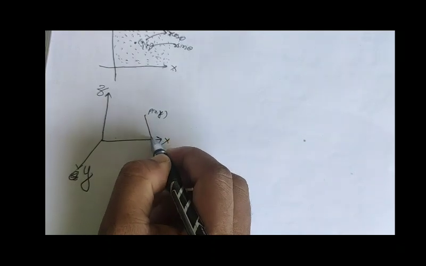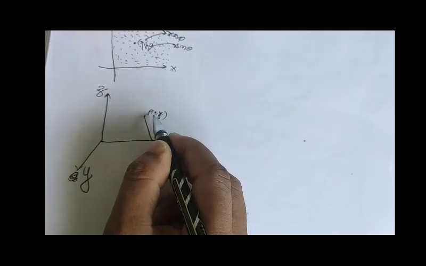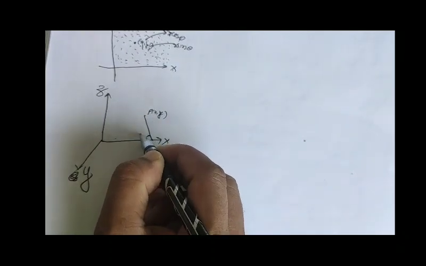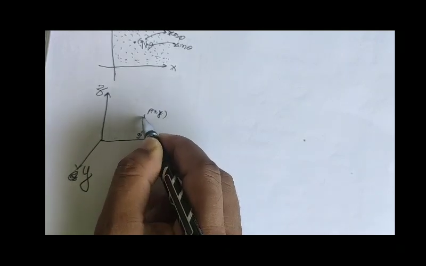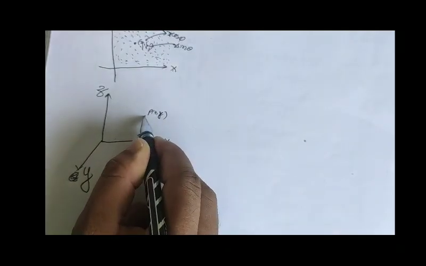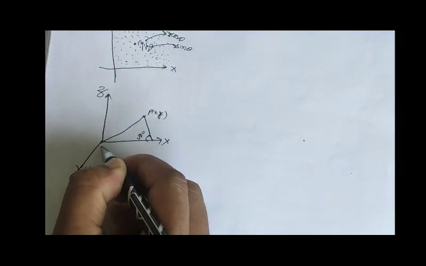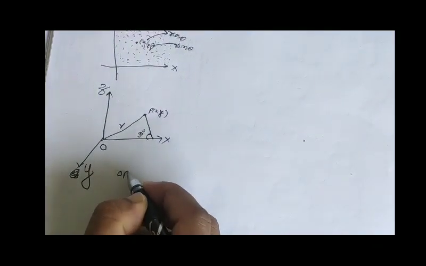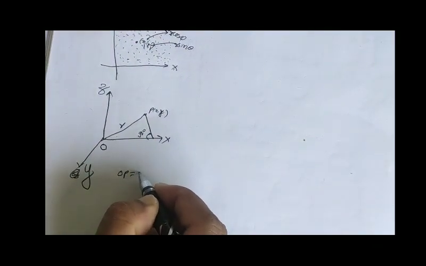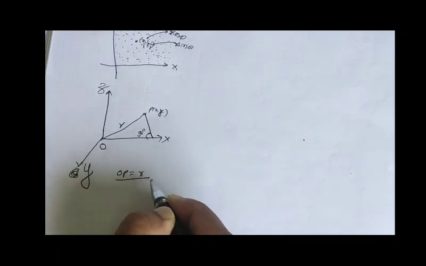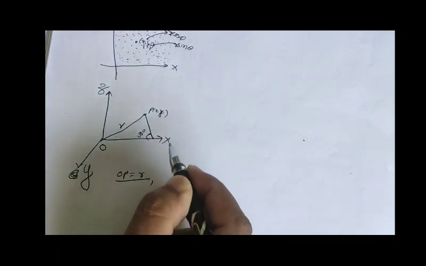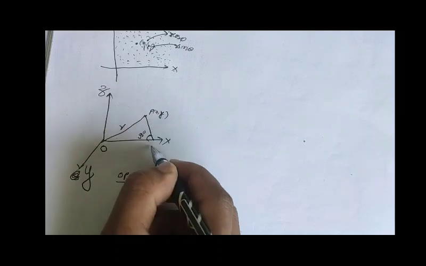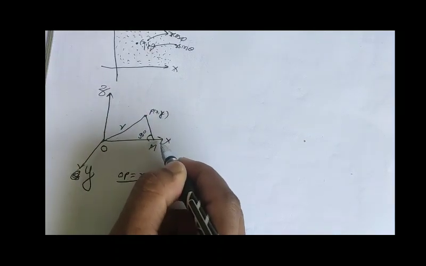I draw a perpendicular. This is a 90-degree angle on the x-axis, and this point is in the base. This is the origin, and this distance is r. That means OP, the distance from origin to that point, is r. Suppose we draw the perpendicular PM on the x-axis.